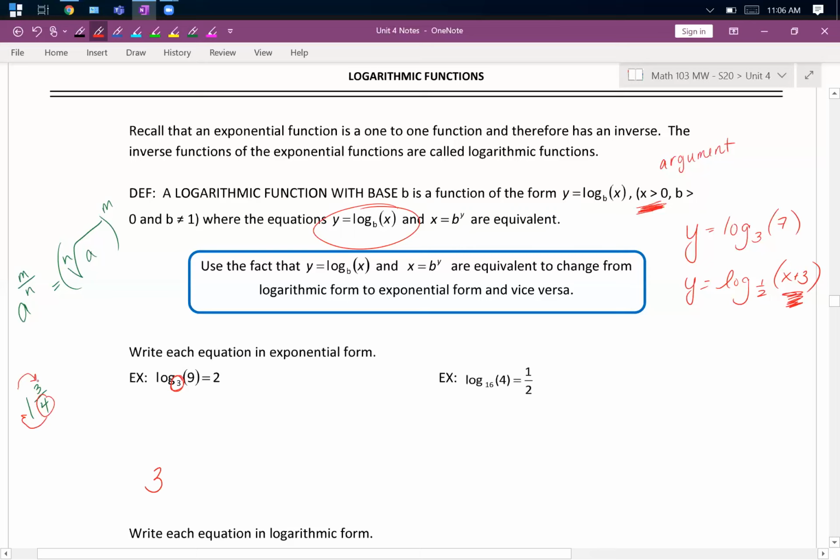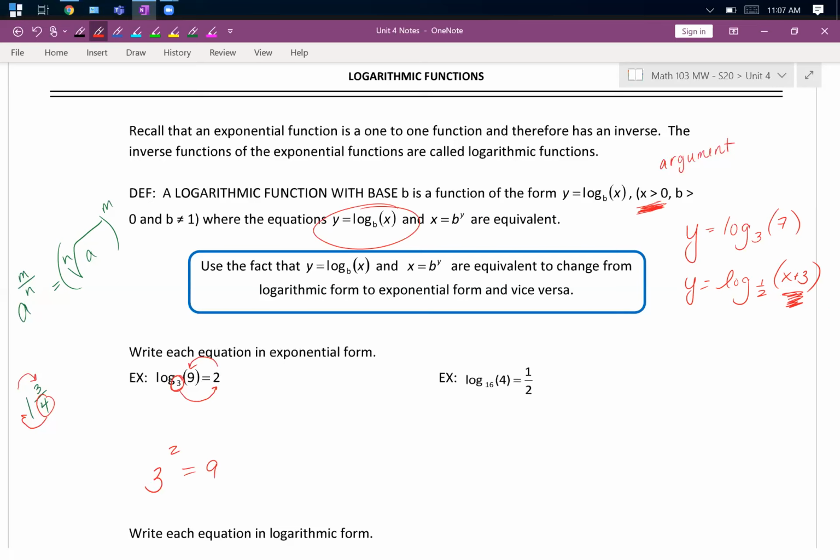I'm going to start on the bottom, and the lowest thing I see is my log base. So I'm going to start with the 3, and then I go in a circle. My exponential rewrite is going to be 3 squared equal to 9. So I don't know, that's just something silly that I do to help me remember it.